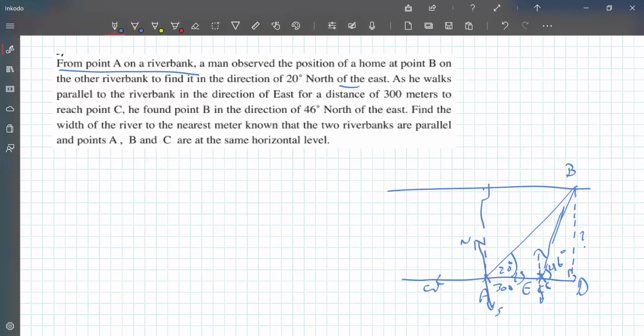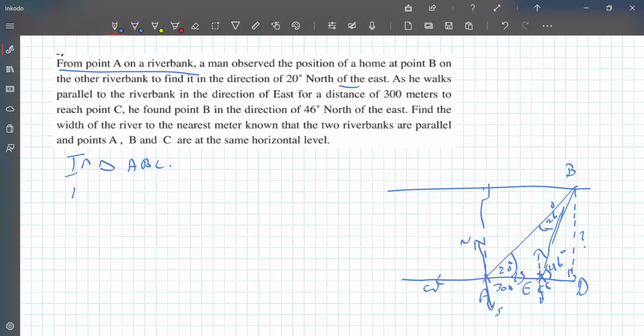In triangle BCA, angle BCD is an exterior angle. So the measure of angle BCD equals the measure of angle A plus the measure of angle B. Angle BCD equals 46 degrees, and the measure of angle A equals 20 degrees. So the measure of angle B equals 26 degrees. In triangle ABC, the side length that we want to find is BC.